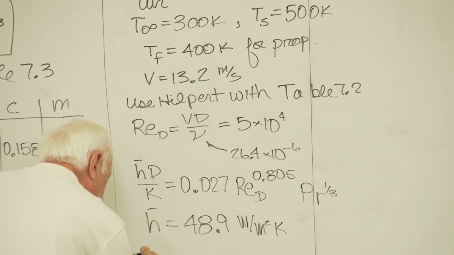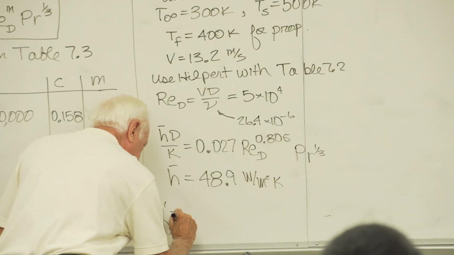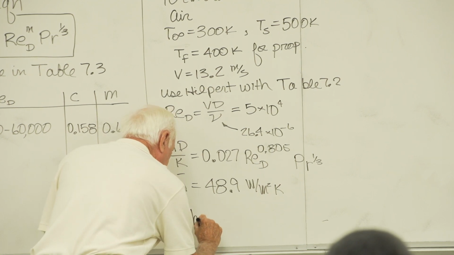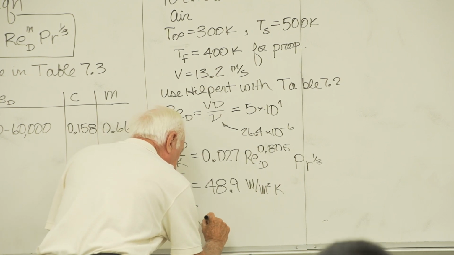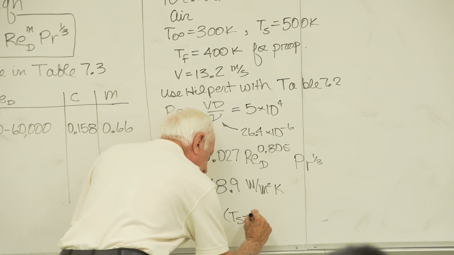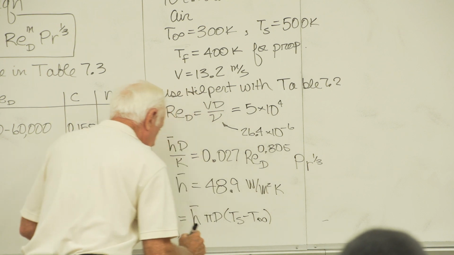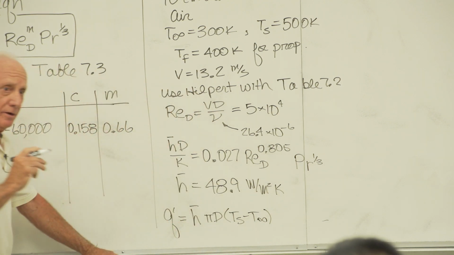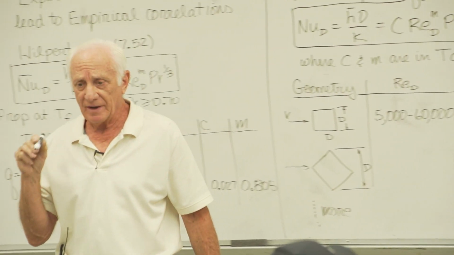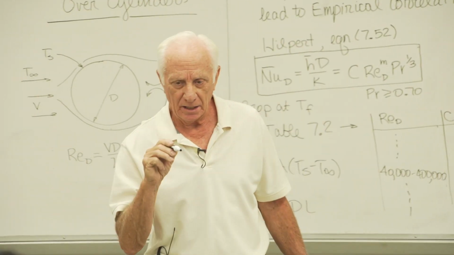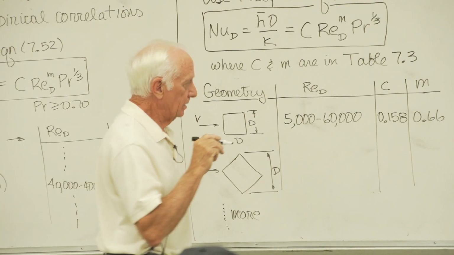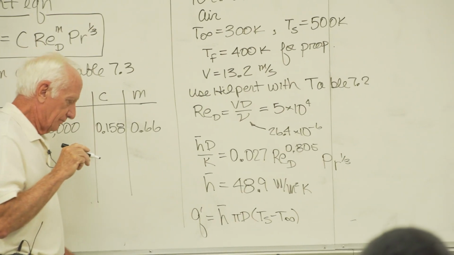Q prime. I don't know the length, so I do Q prime. H bar pi d, Ts minus T infinity. The area of the tube is pi dl, so Q prime is Q divided by L. So the area per length is pi d.